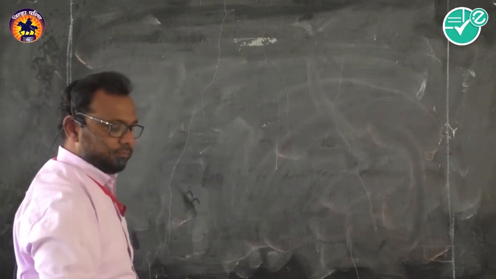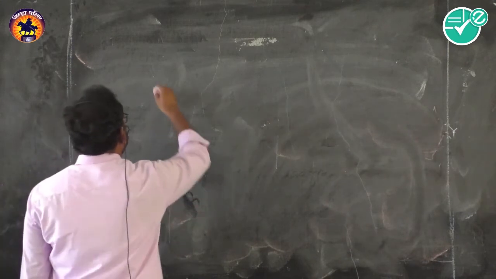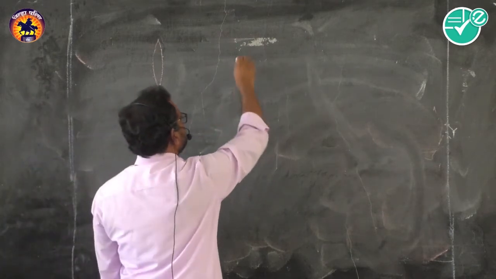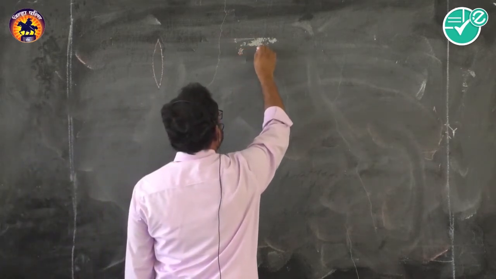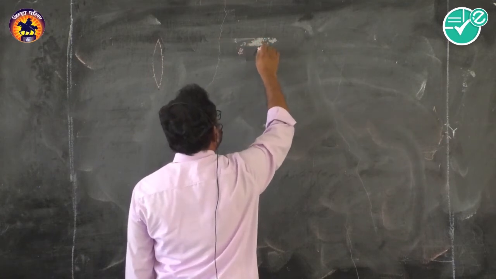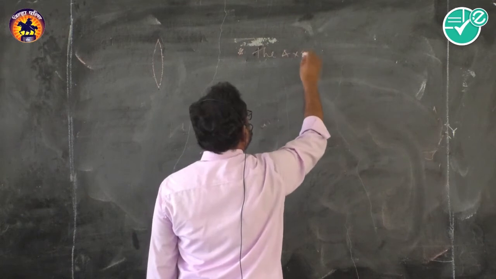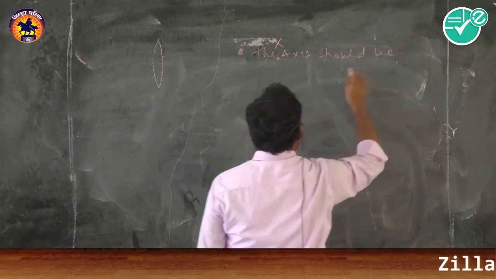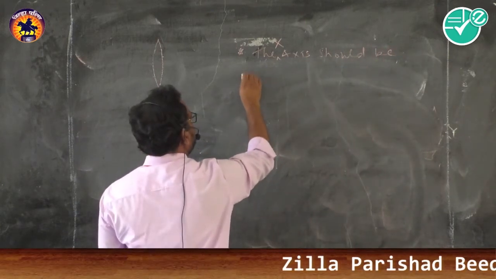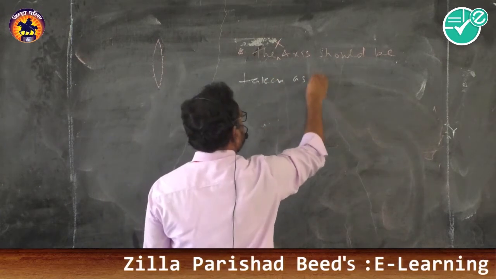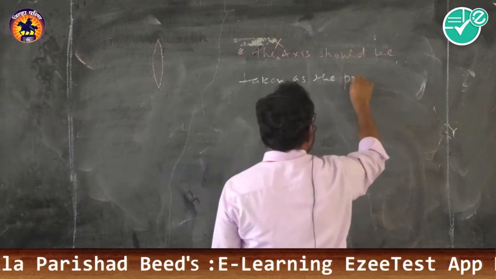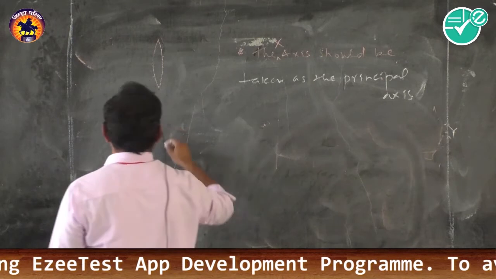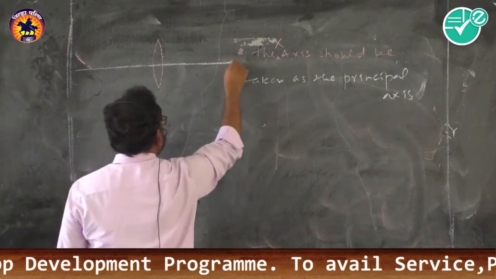Suppose a biconvex lens is there, like this. One more thing: the next sign convention is that the x-axis should be taken as the principal axis.